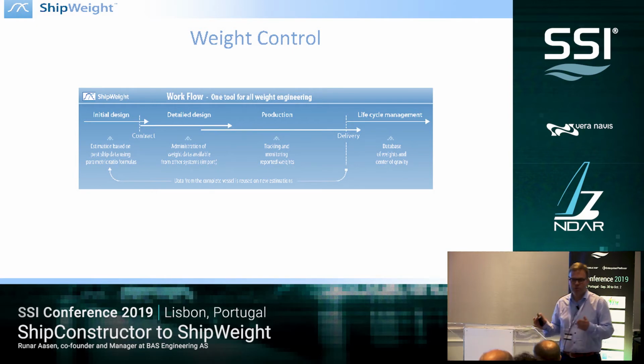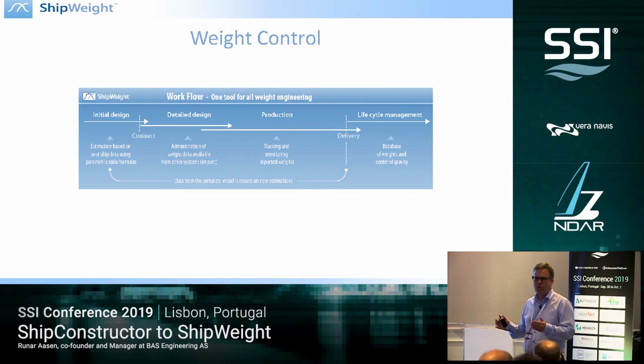And of course, you should utilize this. But again, it may not be as straightforward as you think. So you need to do it in a smart way, and you need to think about it. I'm going to just discuss a few of the challenges and then show how we do this going from ShipConstructor to Shipweight, which is a weight model tool.